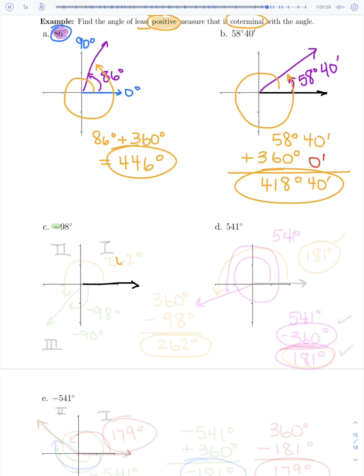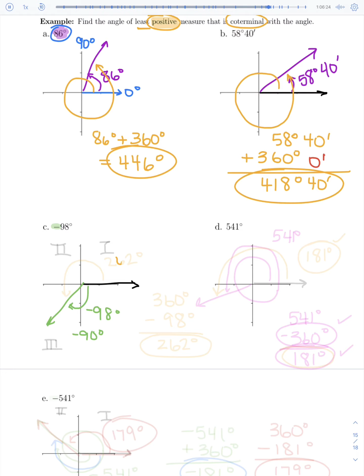Also, 90 degrees is making a right angle from where you start. So negative 90 degrees would be going in the clockwise direction by 90 degrees. So if I'm looking at negative 98, it means I'm going to go a little bit past that to negative 98 degrees. Should be somewhere over here in quadrant 3.